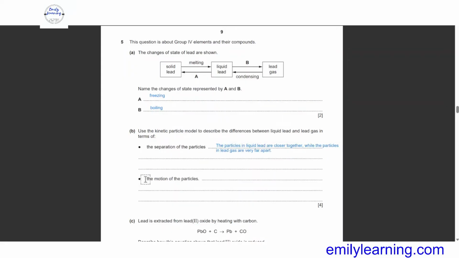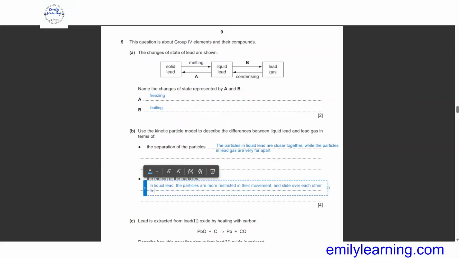Next, they ask about the motion of the particles. So in other words, right, in the lead gas, the particles are moving very fast, right? Okay, they are moving freely. But in the liquid lead, the particles are sliding over each other, so there's more restricted motion. So in liquid lead, the particles are more restricted in their movement and slide over each other.